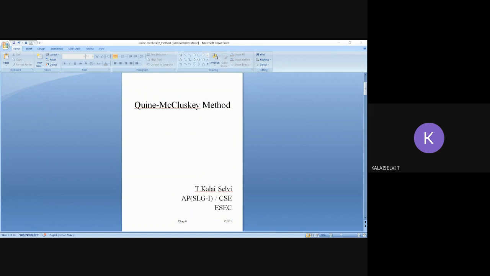Quine-McCluskey method is a systematic simplification procedure to reduce a minterm expansion to a minimum sum of products. Use xy plus xy dash equals x. So in this, y plus y dash becomes 1 and the remaining term we get is x.